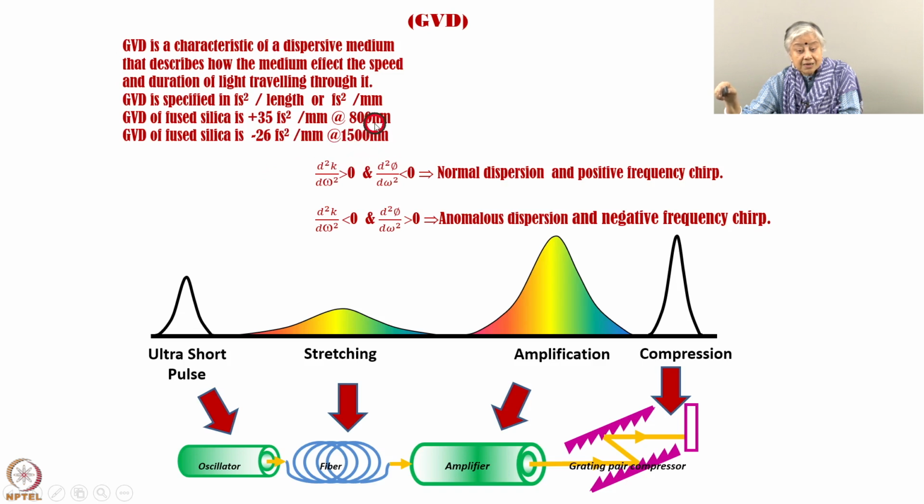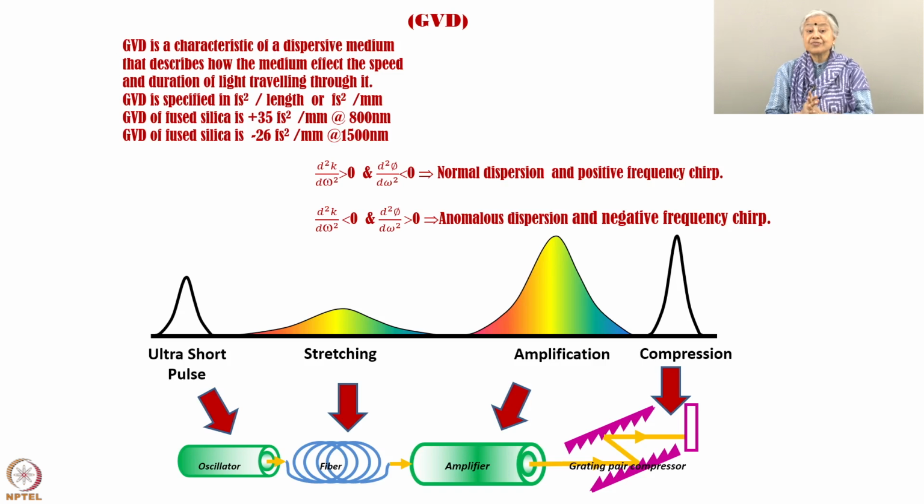So, it is wavelength dependent. At a particular wavelength, your group velocity dispersion is this, and at a different wavelength for the same material, the GVD is this. You can understand this, because the same medium presents itself to the light that is coming in, and the refractive index changes.